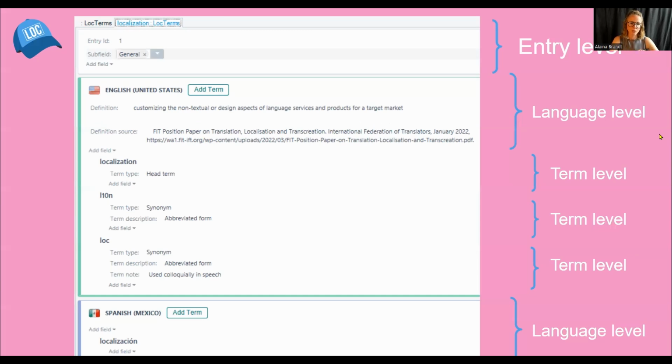On the other hand, when looking at how computer-assisted translation and terminology systems model data, some are much more closed in their models. They've got a model for what they are going to include at the entry, language, and term level that is fixed, that you cannot change, in which case you'll need to figure out, if you're collecting other types of information, how to make the types of information collected compatible.